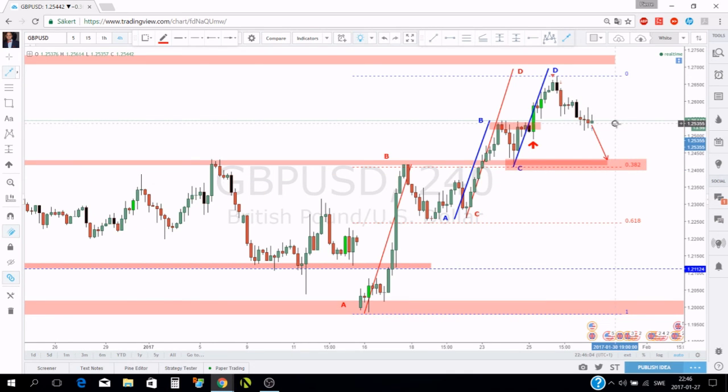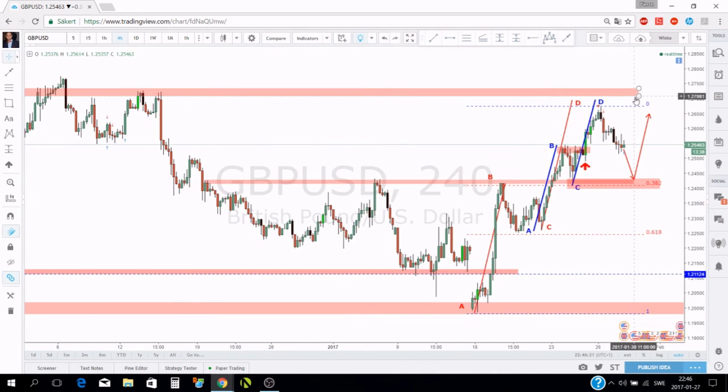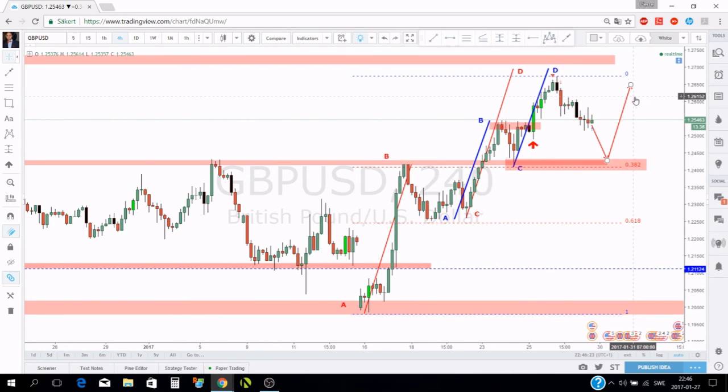So if it happens again, there is a possibility that we take another move up again, because I am still bullish from here on the GBP, sorry. So yeah, keep your eyes on this trade. It was a perfect one, and that's why I wanted to show you how it went.